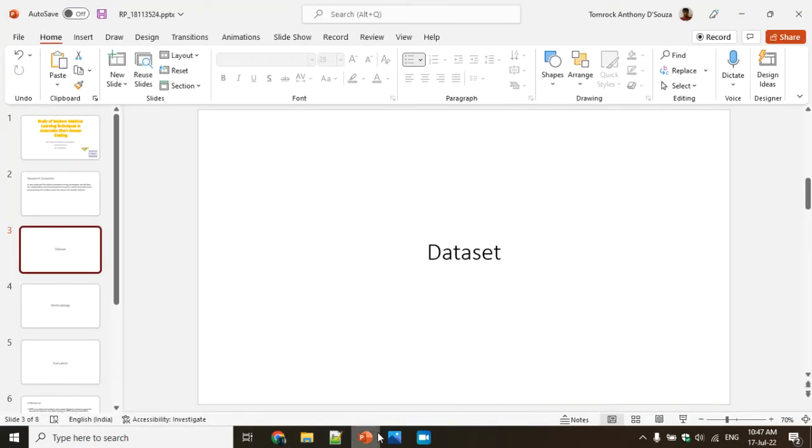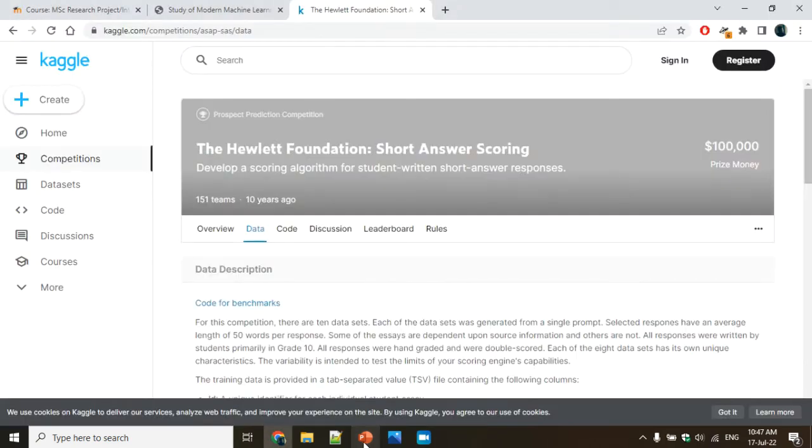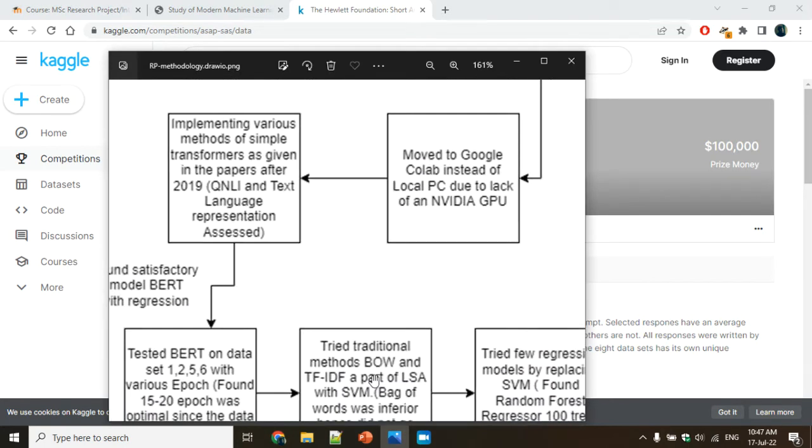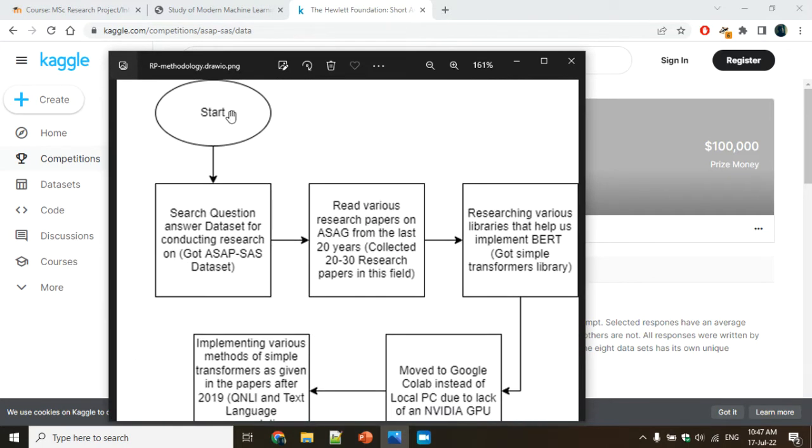So we finished speaking about the data set. Now we'll talk about the methodology, how we went about researching in this project. First, we started our research project. Then we found the data set which we required for conducting the research.